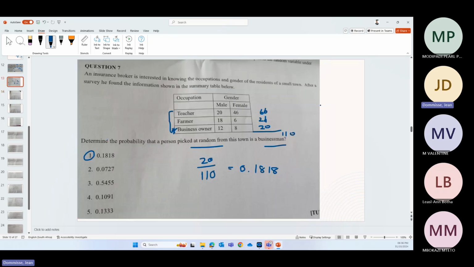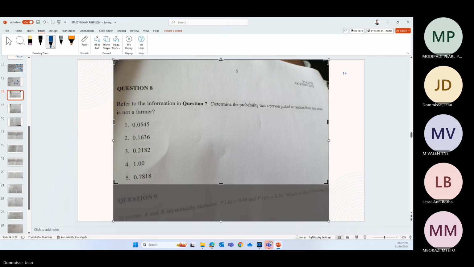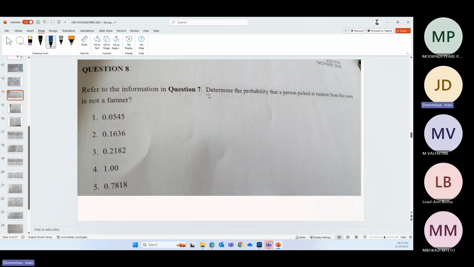Okay, so then we're looking at that same information, refer to the table, and then they said, look at that information, determine the probability that a person picked at random from this town is not a farmer.